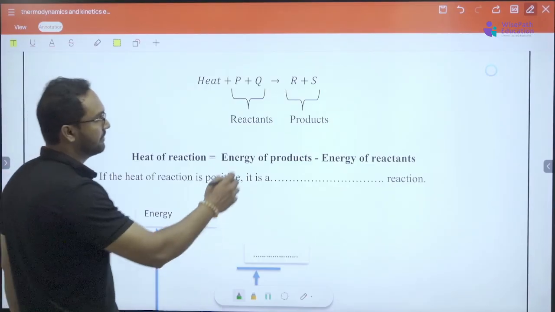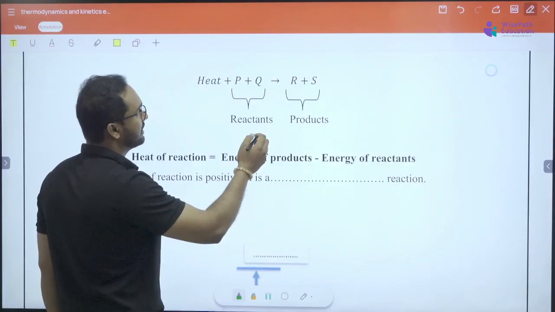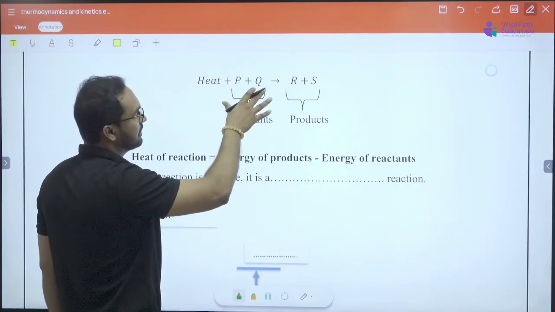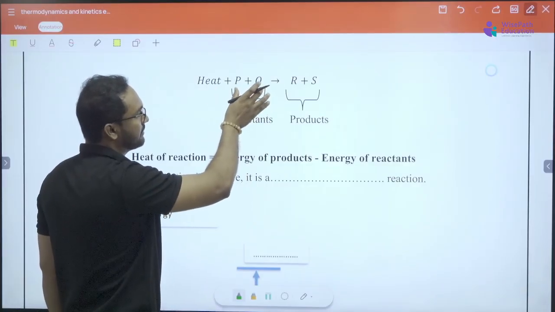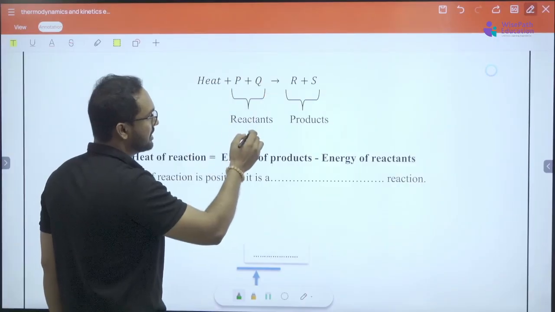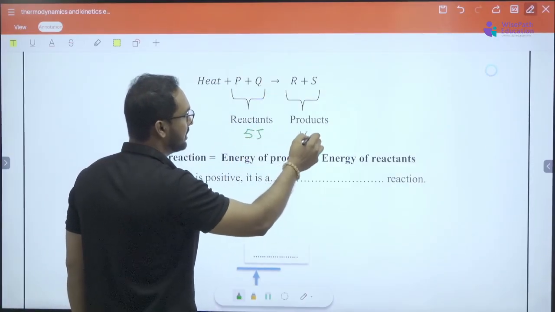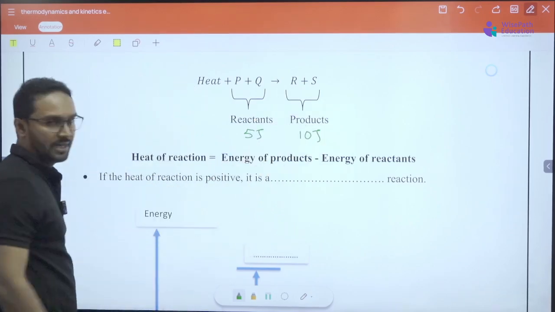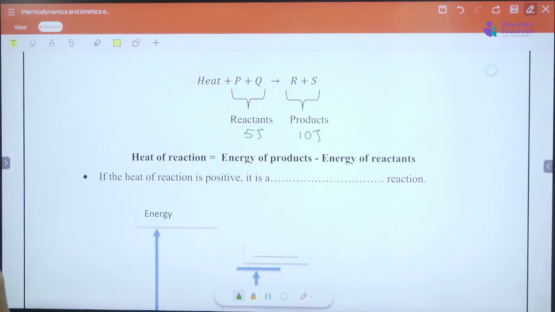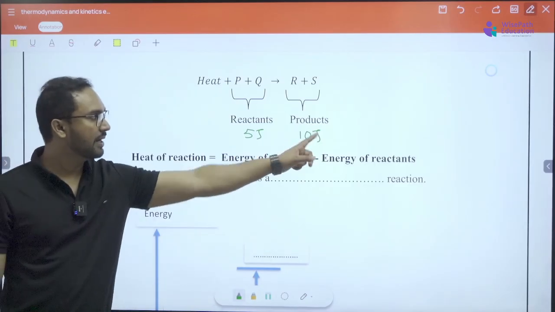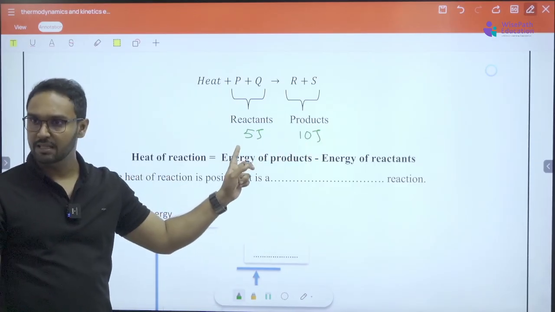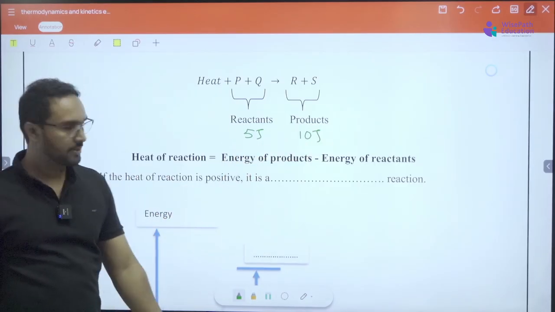Let's say the energy of P and Q is 5 joules and the energy of the product is 10 joules. So now the energy has increased, right? So the heat of reaction should be 10 minus 5, that is plus 5 joules, right?